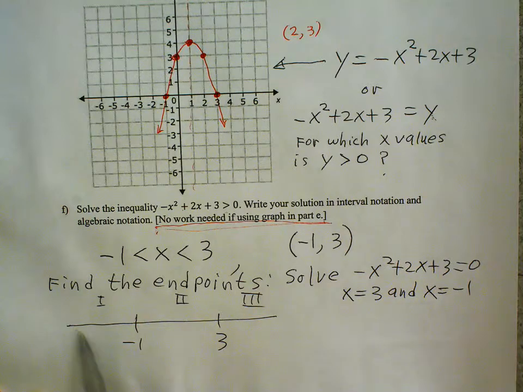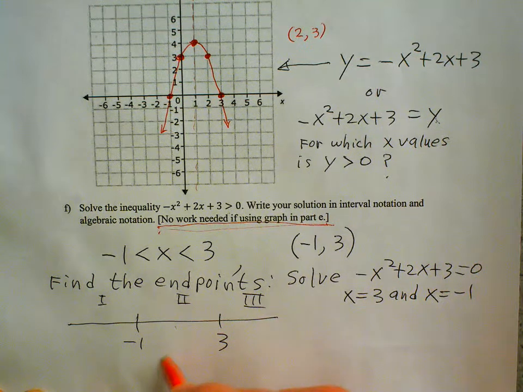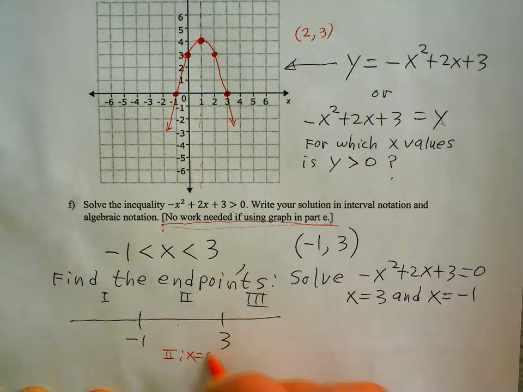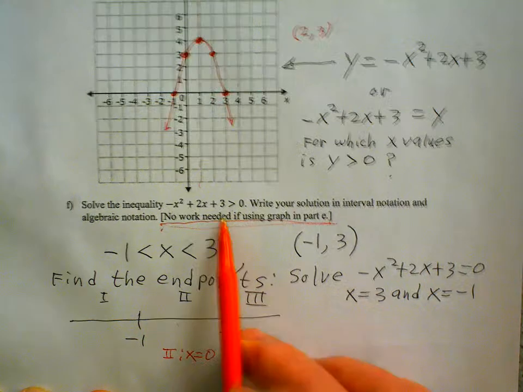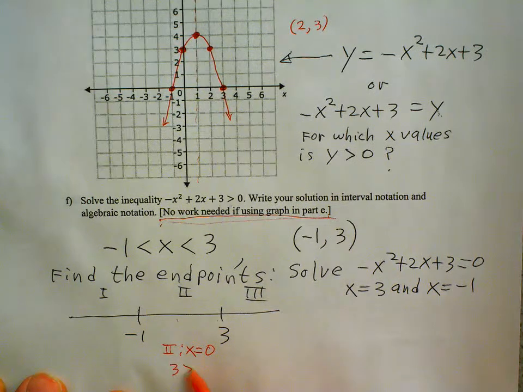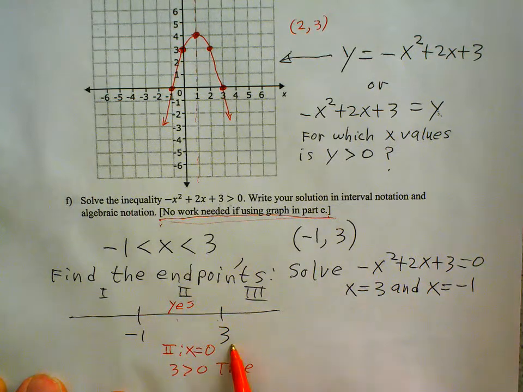And then we won't go through the whole process. I'll just point out in the middle interval, if we pick the test point x equals 0, we get 3 greater than 0, which is true. And so all of the numbers between -1 and 3 are solutions.